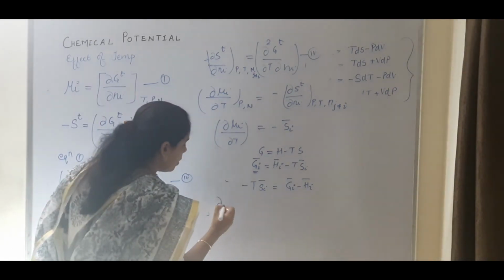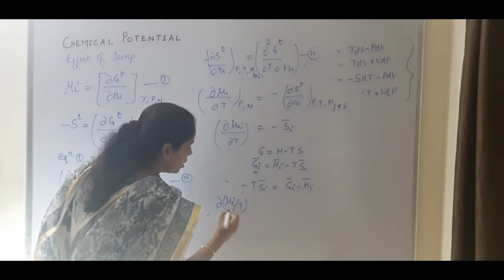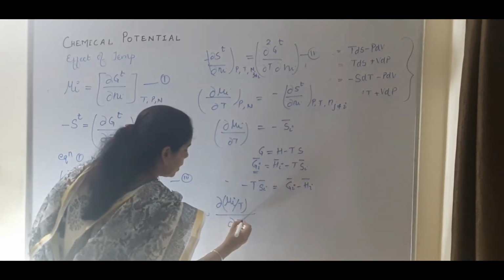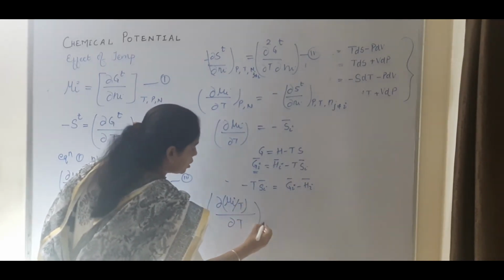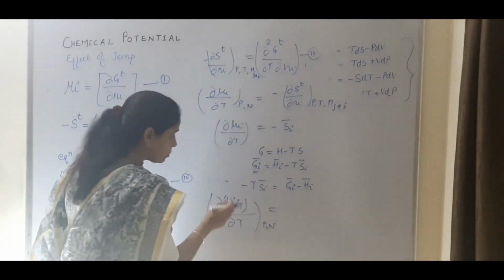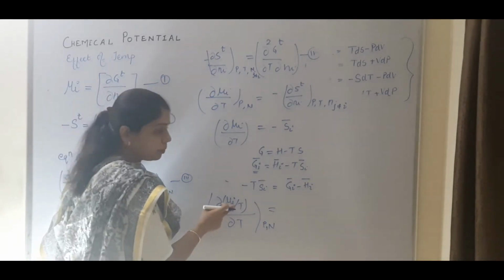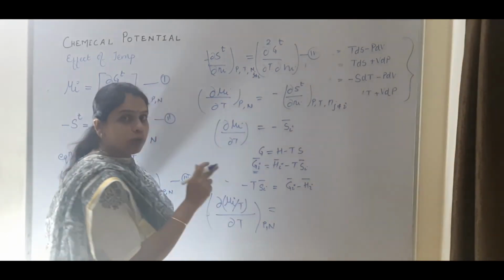So ∂ divided by this, because we need to find out the effect of temperature, μ by T, ∂ by ∂T, at constant pressure and n. Now differentiate μ by T by applying the u by v rule.